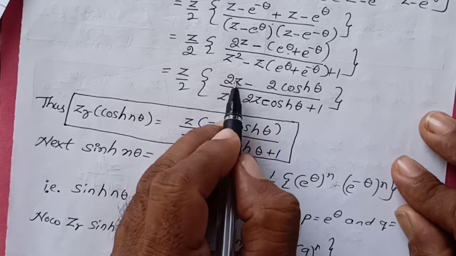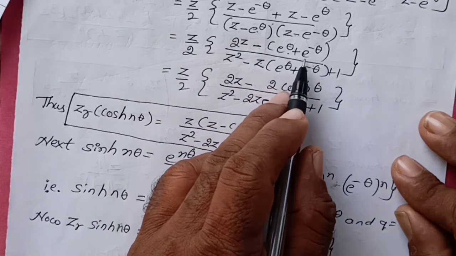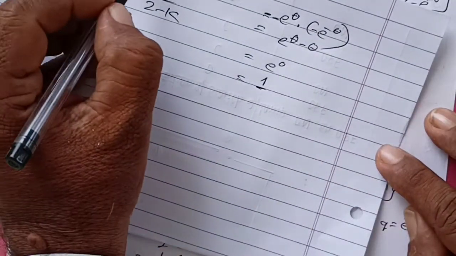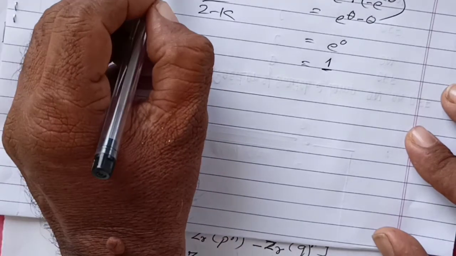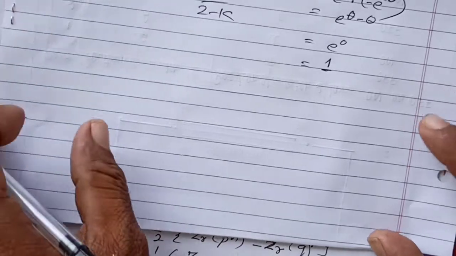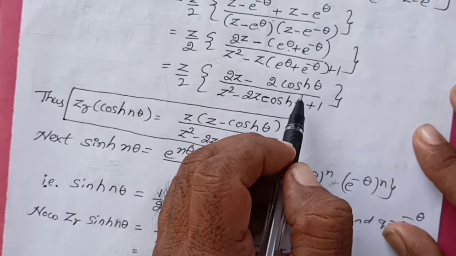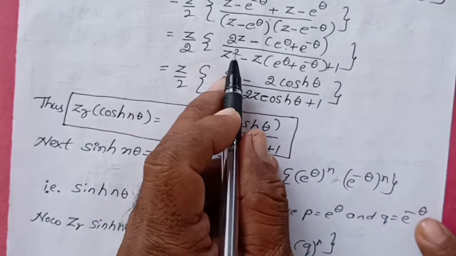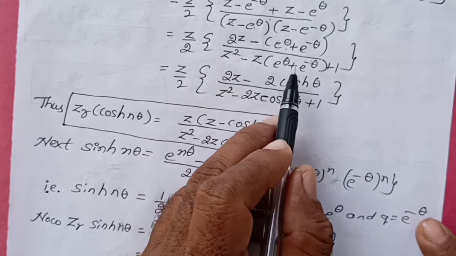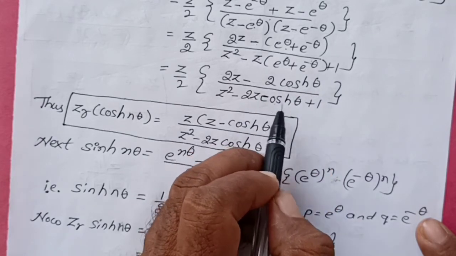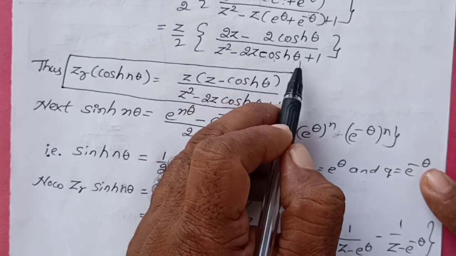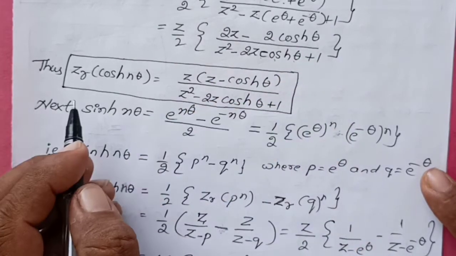So z by 2, here 2z minus e raised to theta plus e raised to minus theta. Here e raised to theta plus e raised to minus theta is equal to 2 cos hyperbolic theta, divided by z square minus, here again e raised to theta plus e raised to minus theta is 2 cos hyperbolic theta, and with this z it becomes 2z cos hyperbolic theta, and plus 1 as it is.